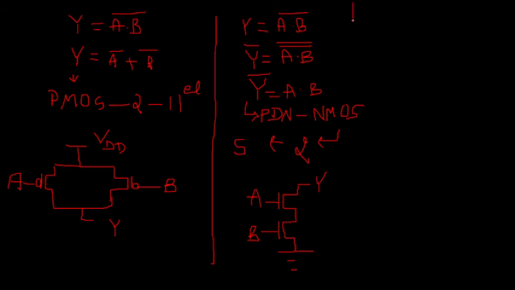Because it is a CMOS implementation, you have to connect both the pull-up network and the pull-down network together. So what will be your final CMOS structure? It will be the combination of both. It will be like this.